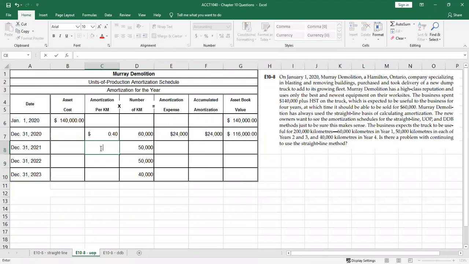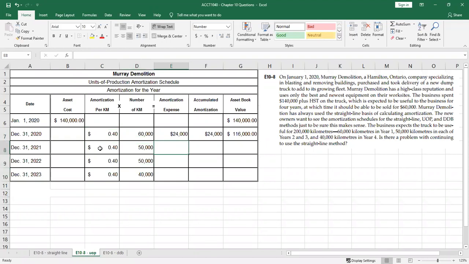I could have completed this column for every single year as well, and I probably should have, because this rate of 40 cents per kilometer is not going to change. That's a constant. What does change is the number of kilometers driven in the year.